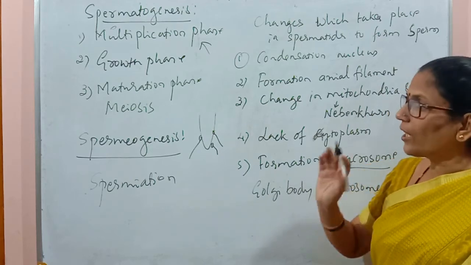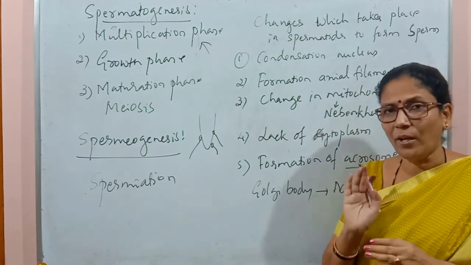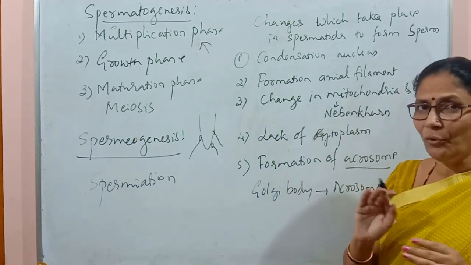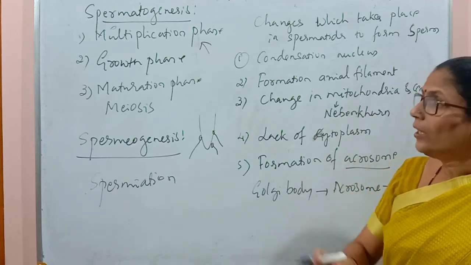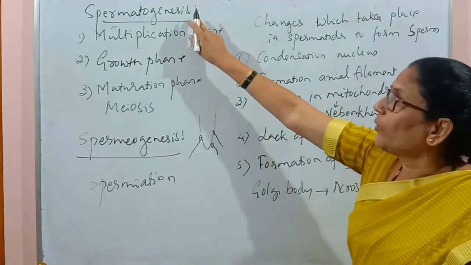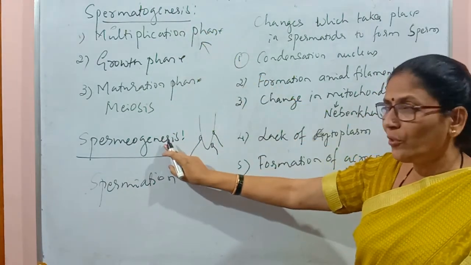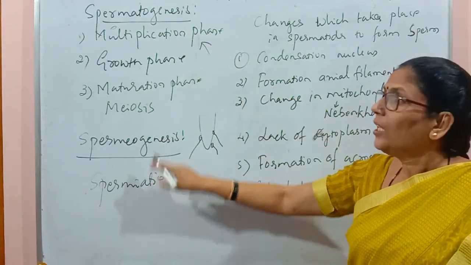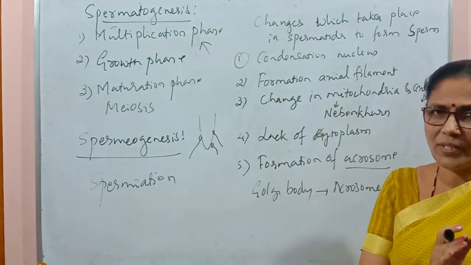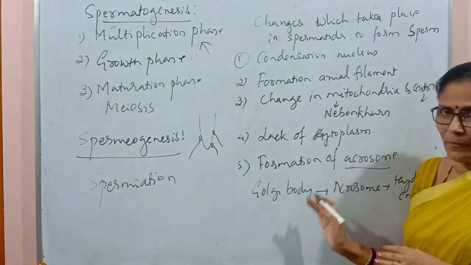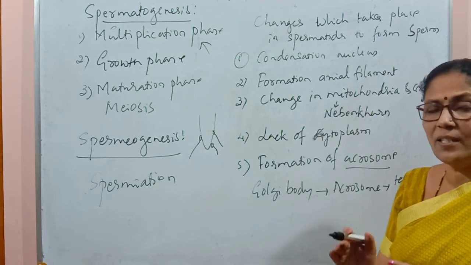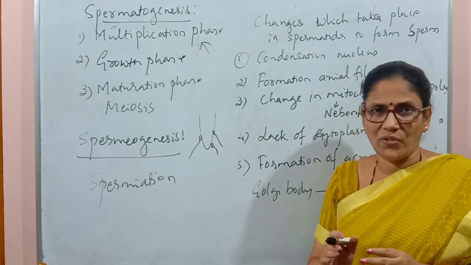So there are three technical words we have come across during spermatogenesis. Don't get confused and don't think they are all similar. They are spermatogenesis, spermiogenesis and spermiation. Spermatogenesis is the whole process, from the germ cell up to the formation of sperm, and it takes place in the seminiferous tubules.